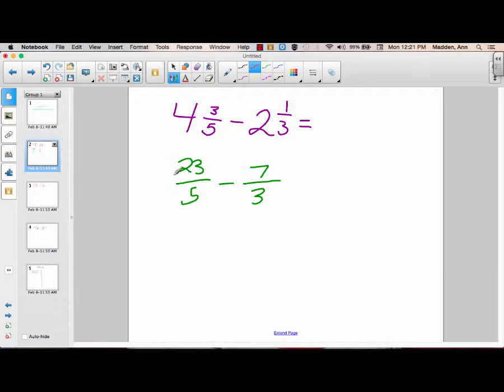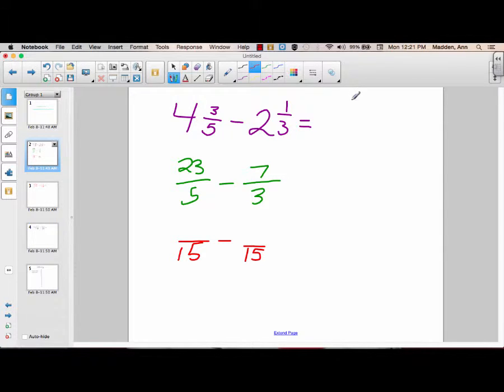Now my next step is to find a common denominator. Between 5 and 3, my common denominator would be 15. How'd I get from 5 to 15? I multiplied by 3. 23 times 3.